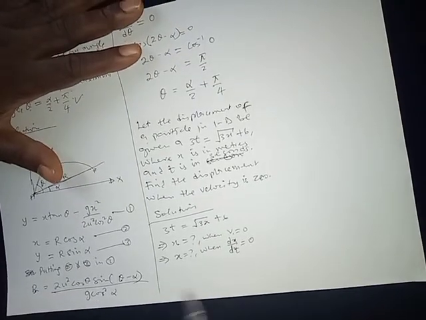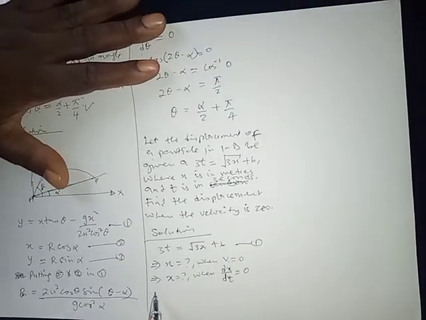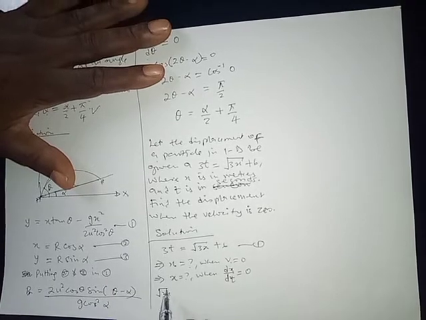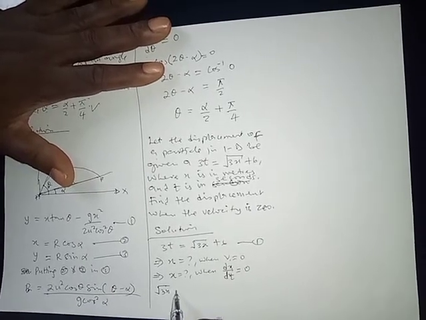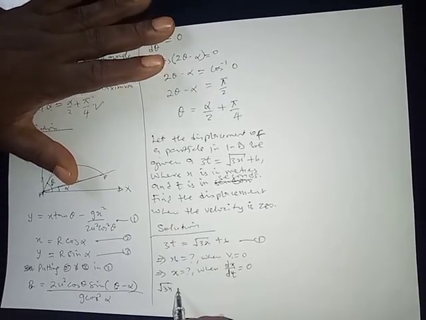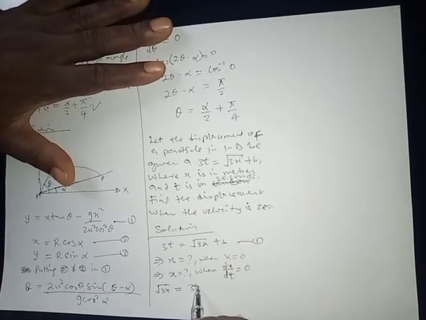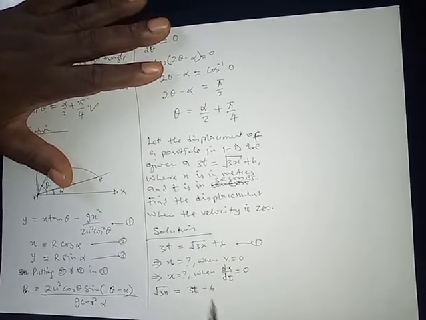So with the equation, let's say the equation is 1, we can make x the subject of the formula by writing 3x is equal to 3t minus 6.